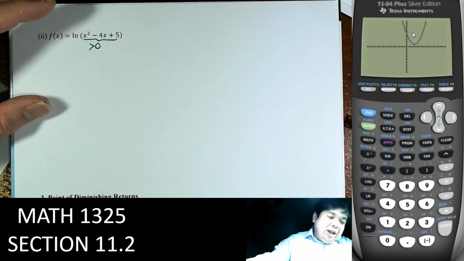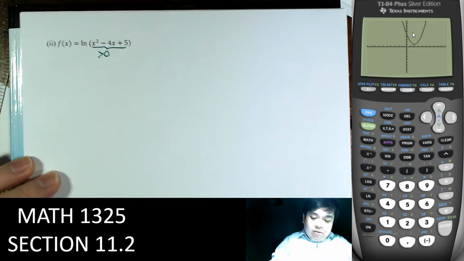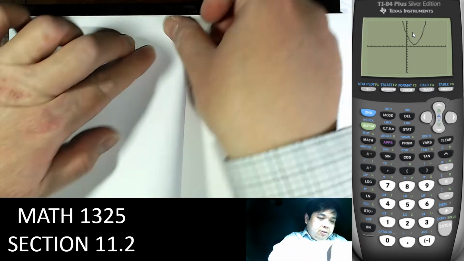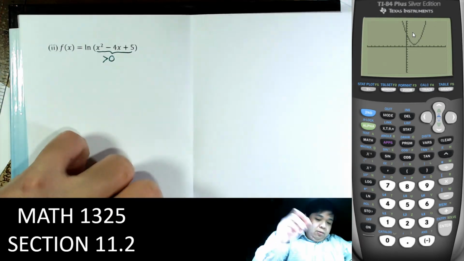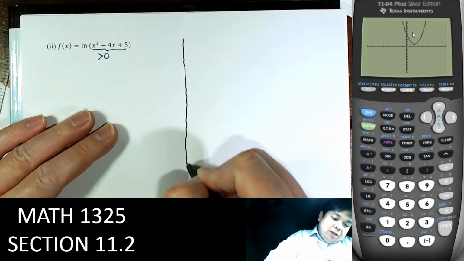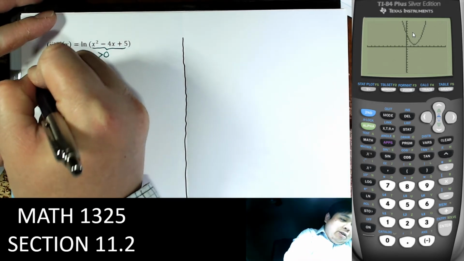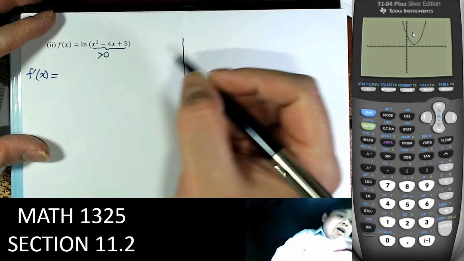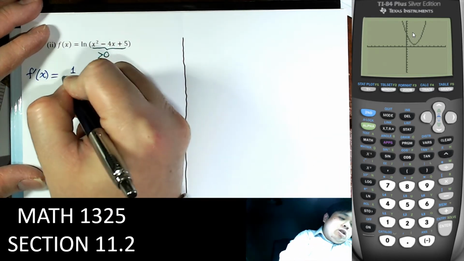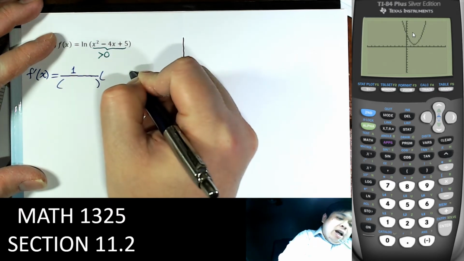Right. Now, the derivative. By the way, this looks like a long problem. So the derivative of ln of something is the reciprocal of that thing, times the derivative of that.